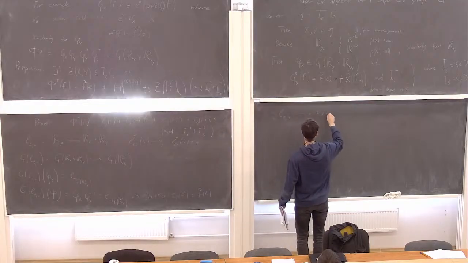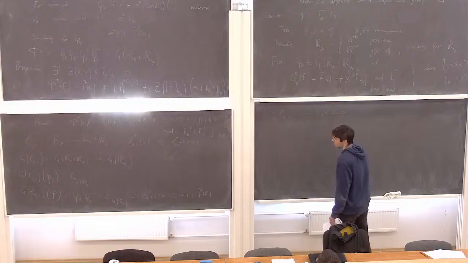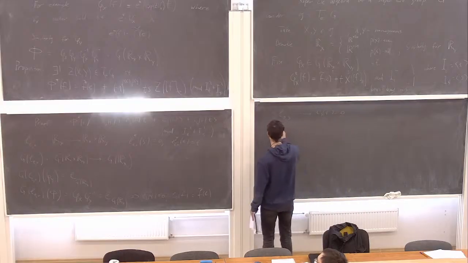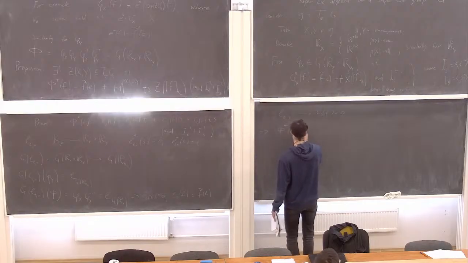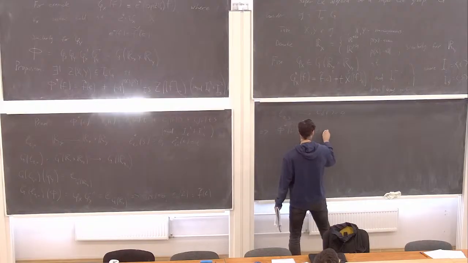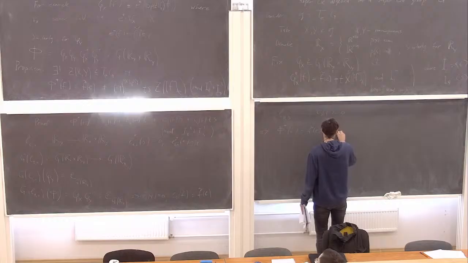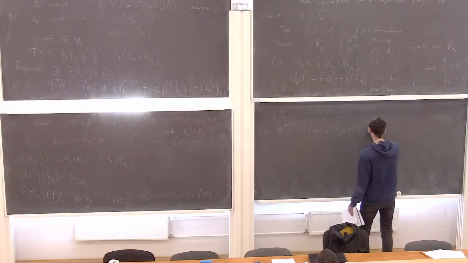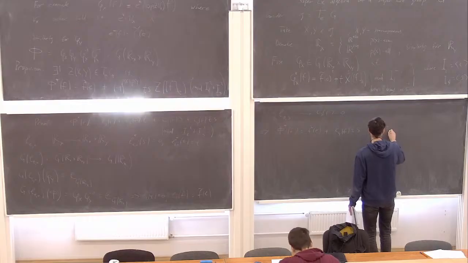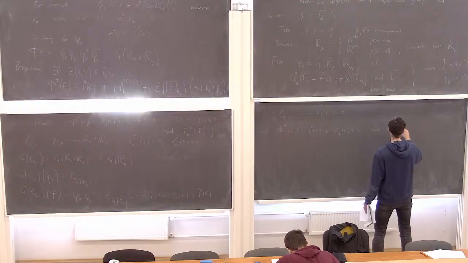C3 of F is 0. So actually I have phi star of F is just F tilde of E plus something, C4 of F times TS mod IT squared plus IS squared.